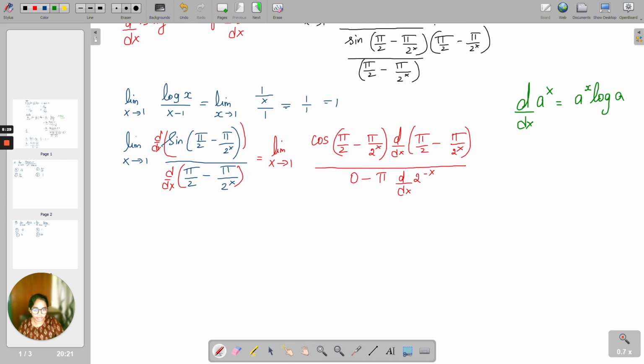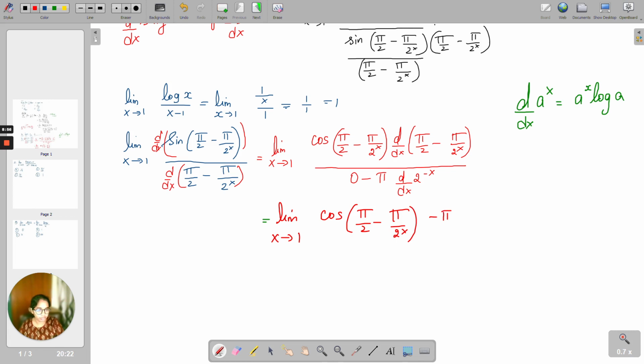So we have limit x tending to a, cos pi by 2 minus pi divided by 2 power x. These both are the same, so let me write it directly as minus pi.